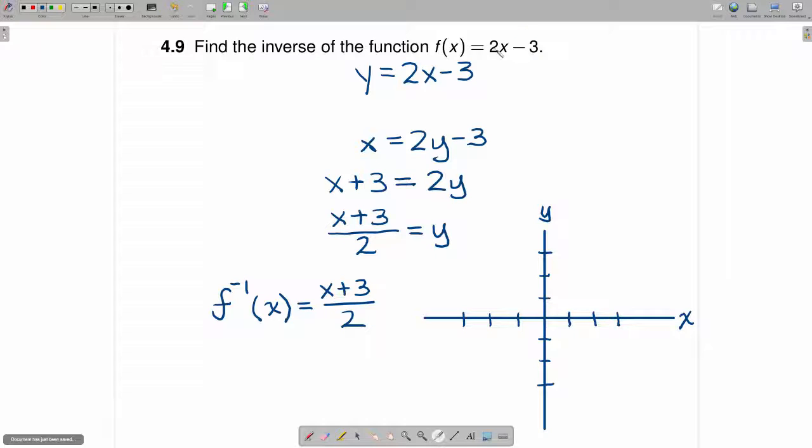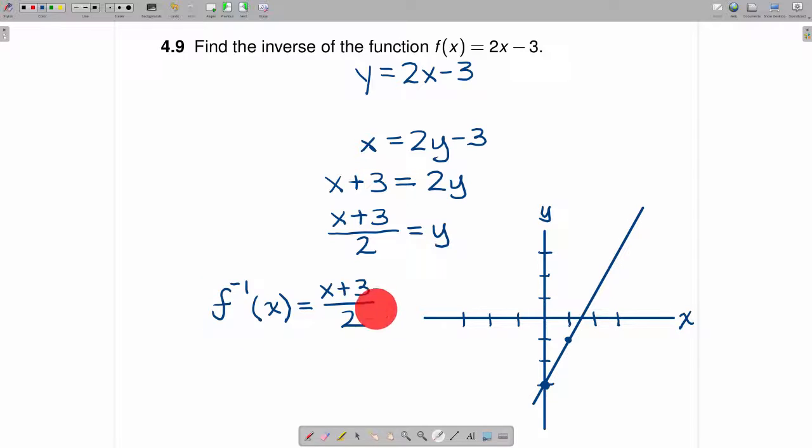This is a line with slope 2 and y-intercept negative 3. So here is the y-intercept, which is negative 3. And to get a slope of 2, what that says is you rise 2 and you run 1. So that tells you that this is a second point on the line. 2 points determine a line, and that line looks something like this. And that is the line y equals f of x, which is the original function.